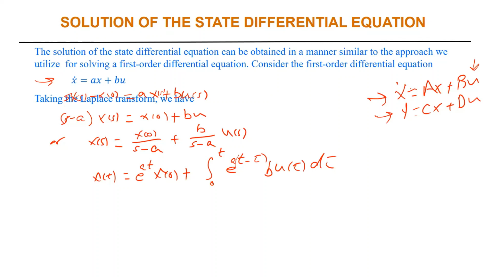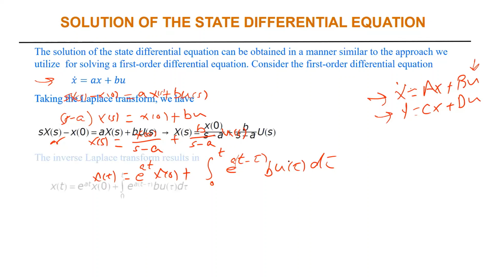But in general, if U is not a specific function but a variable, it is changing, so I will use the convolution integral. This is the relationship between them.